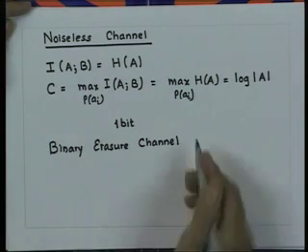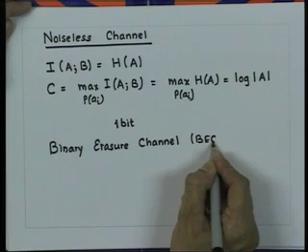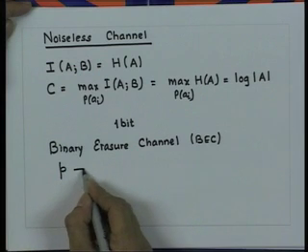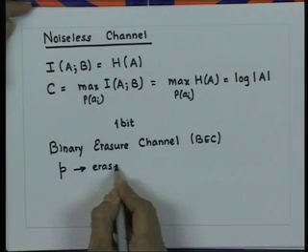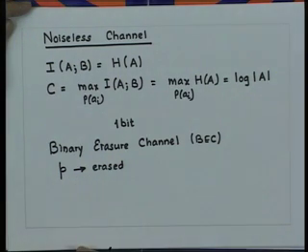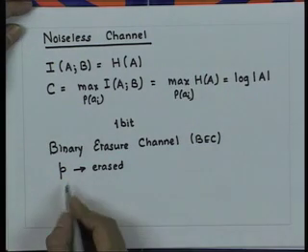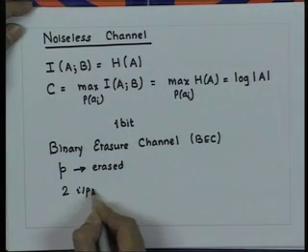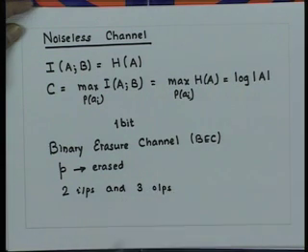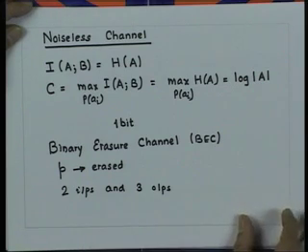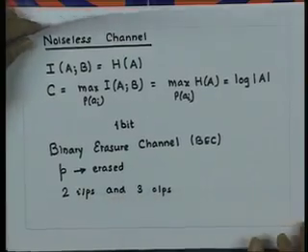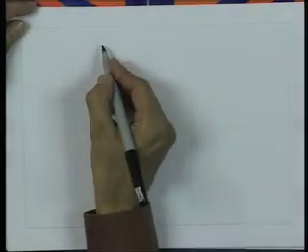In the binary erasure channel, that is BEC, a fraction p of the bits are erased. The receiver knows which bits have been erased. The BEC has two inputs and three outputs. The channel diagram for binary erasure channel is as follows.